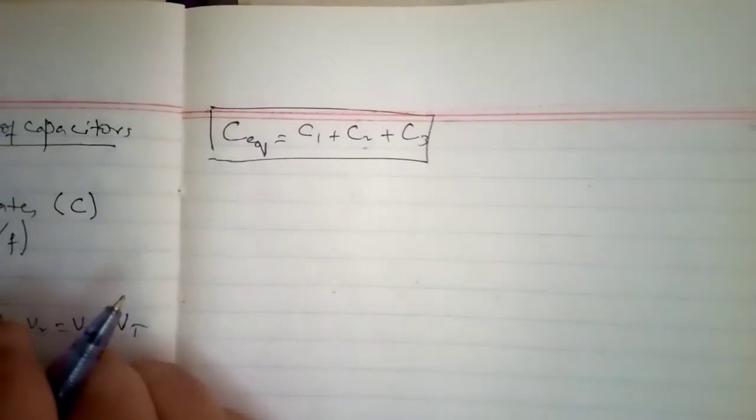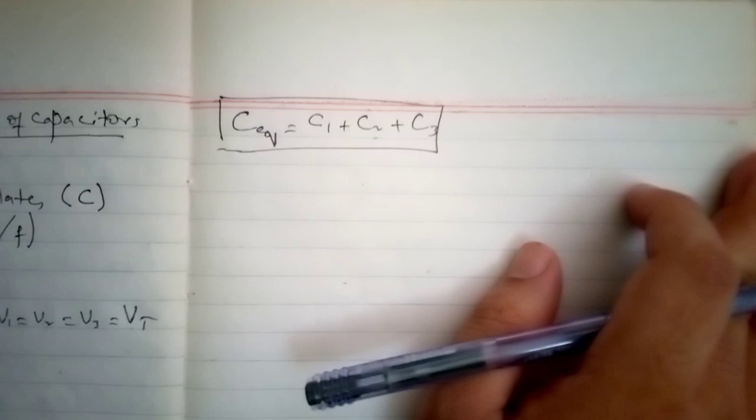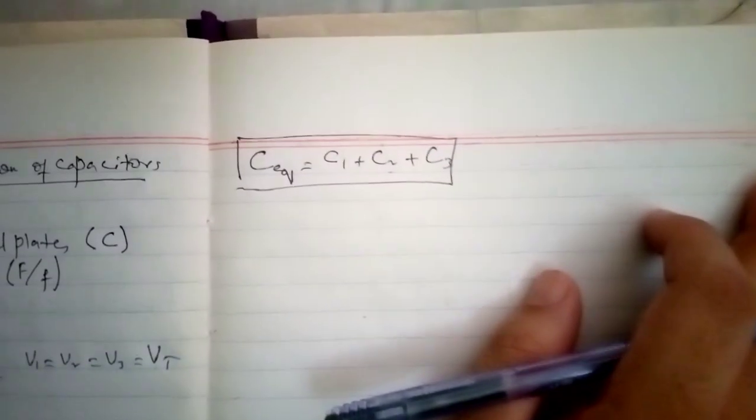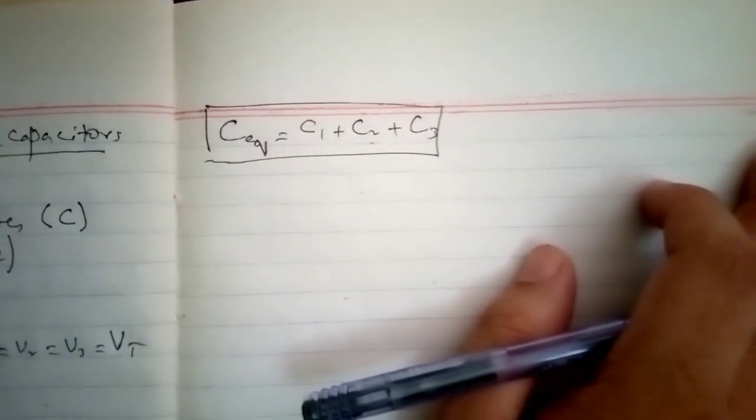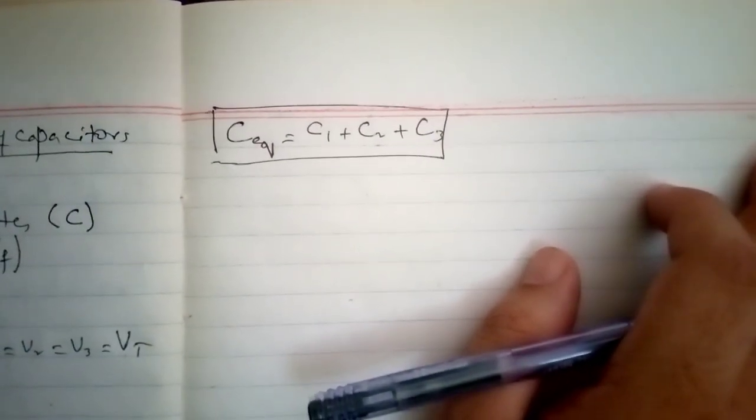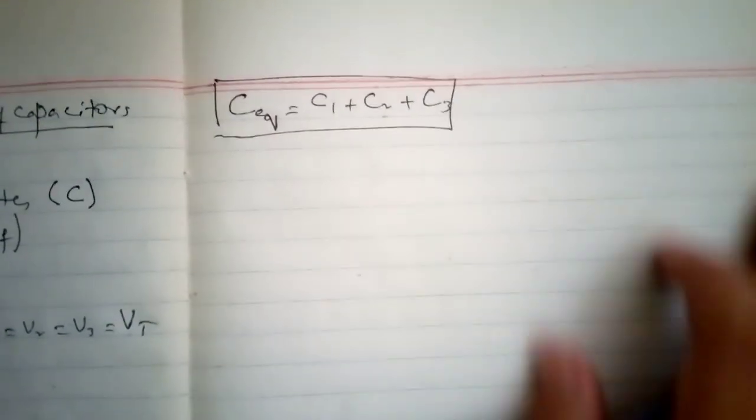So this is the formula for equivalent capacitance when the capacitors are connected in parallel combination.